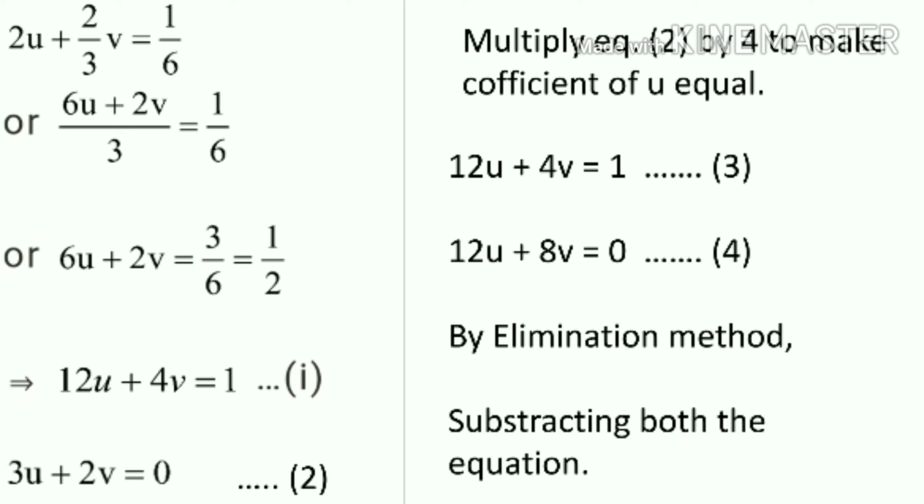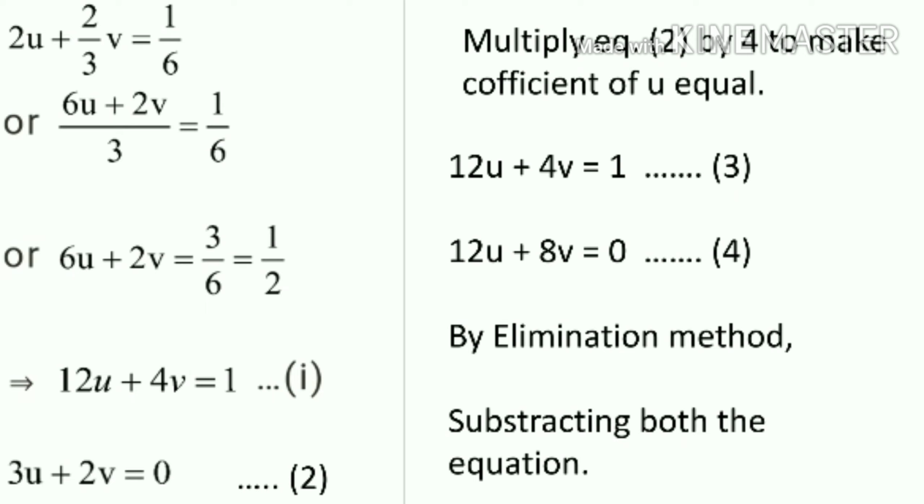The coefficient of u is 12 in the first equation, and here the coefficient of u is 3. So we need to multiply the second equation by 4. So 12u plus 4v is equal to 1. It was the first equation, so we have written it again, and it is equation number 3. And the second equation multiplied by 4: 3 times 4 is 12u plus 2 times 4 is 8v is equal to 0.